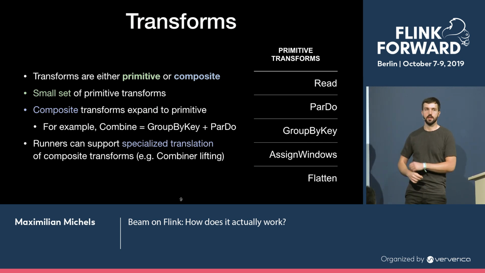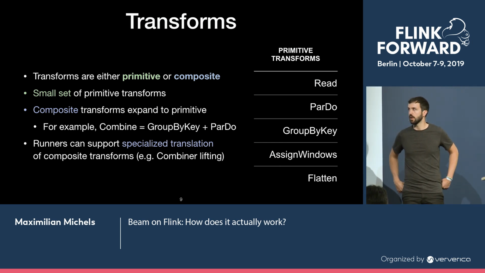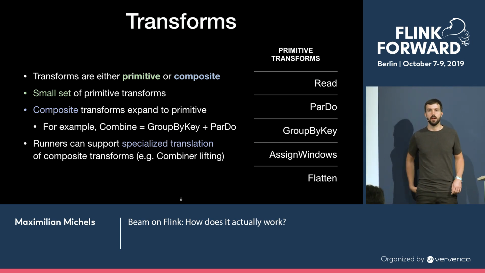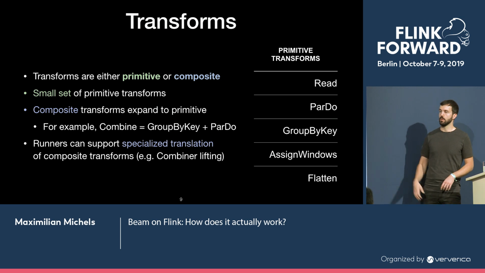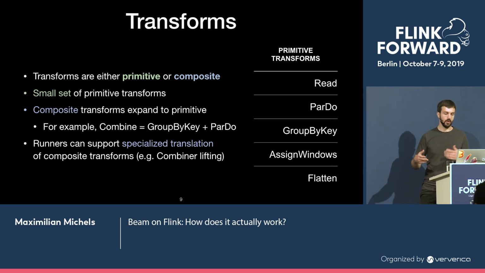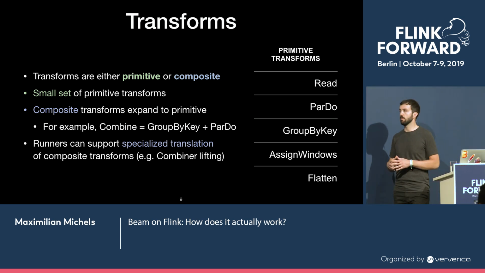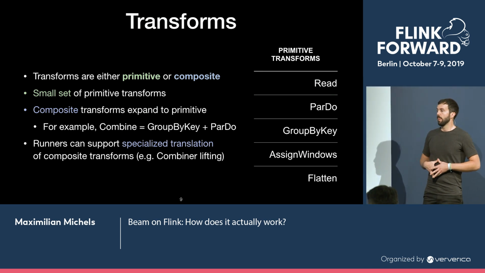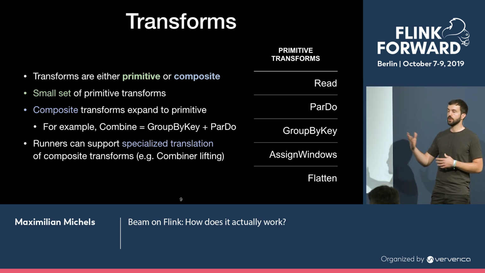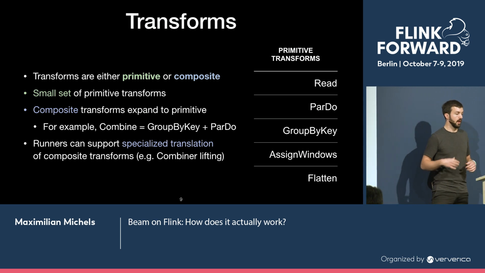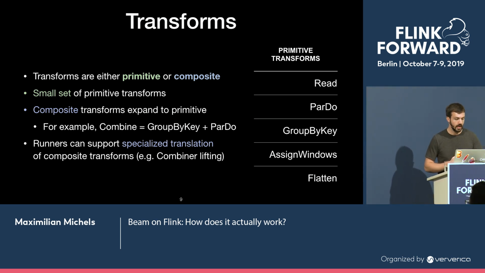Any other transforms that we use are composite transforms, so they break down into these primitive ones when doing translation. For example, if we want to implement a combine, we could just do GroupByKey and ParDo. We will see the example on the next slide.